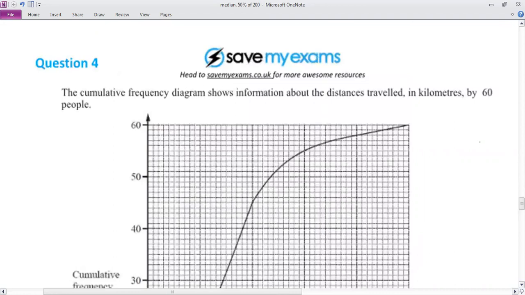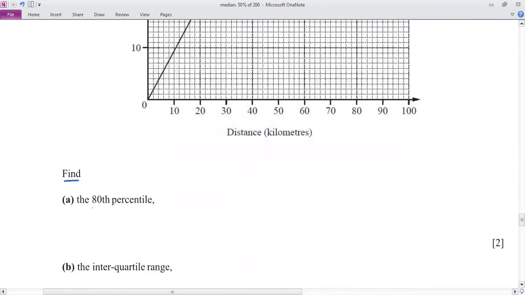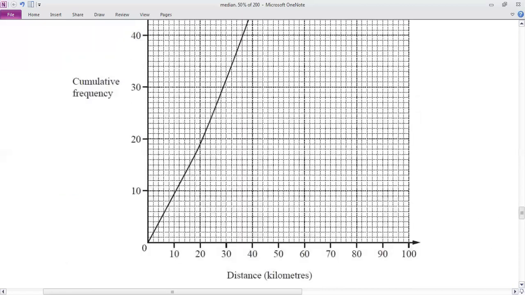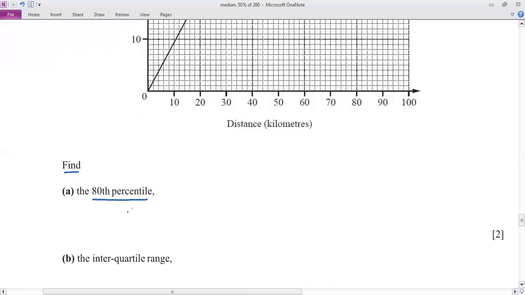Another curve for 60 students. For 60 students, we have to find the 80th percentile. What should we do for the 80th percentile? How many are total? 60. So it's 80% of 60, so 80 over 100 times 60. 0 is 0, so 48.